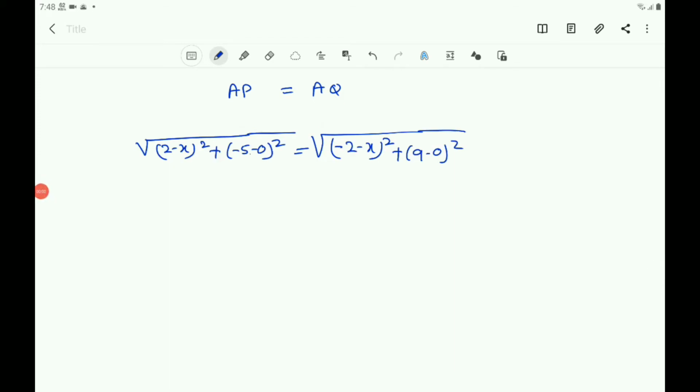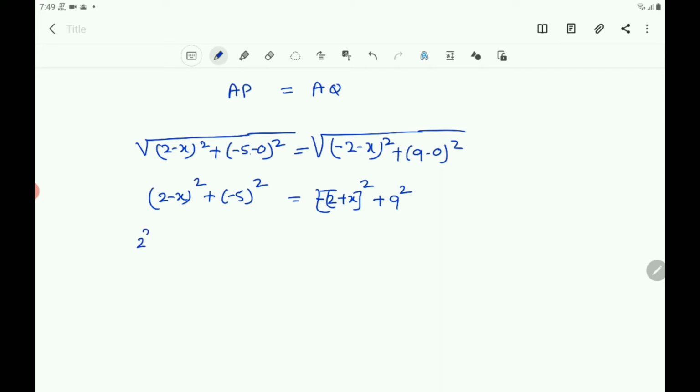Remove the root on both the sides. You will get (2 minus x) whole square plus (-5) whole square equals (-2 minus x) whole square, that is (2 plus x) whole square, plus 9 square. Then we expand this by using the identity (a minus b) whole square.